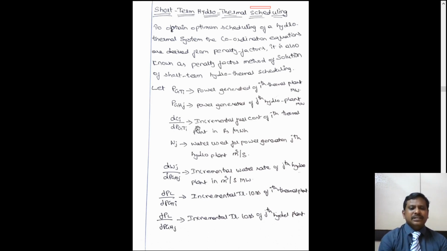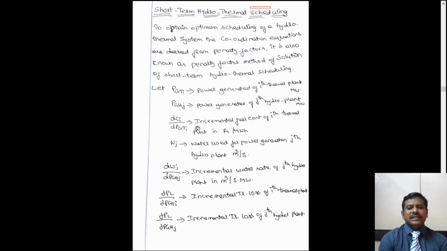Similarly, PGHj, where i indicates the thermal power plant and j indicates the hydro power plant, means which unit the power is generated. j represents which unit is generating in the hydro station, and i is the unit in the thermal power station. Remember this, i and j.